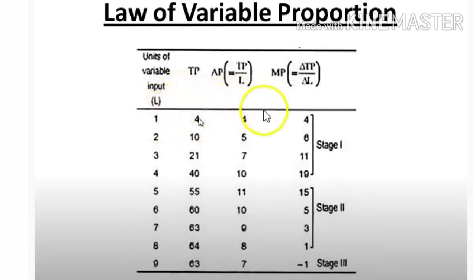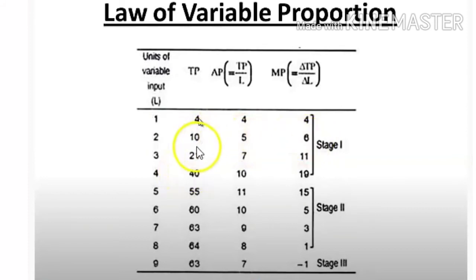So 4 divided by 1 is 4. Then 10 minus 4 is 6. The change in labor, delta L, will always be the same, 1 itself, so 6 divided by 1 is 6.